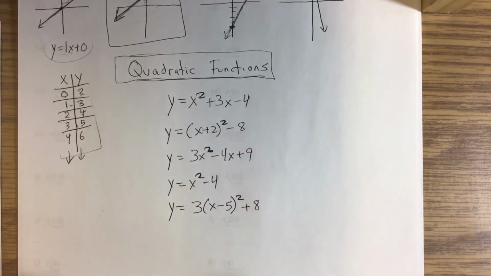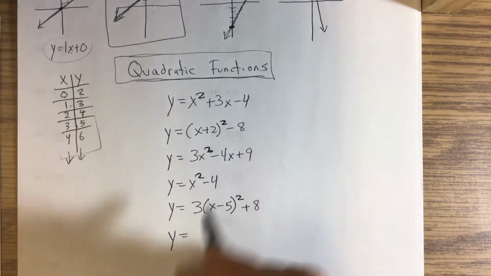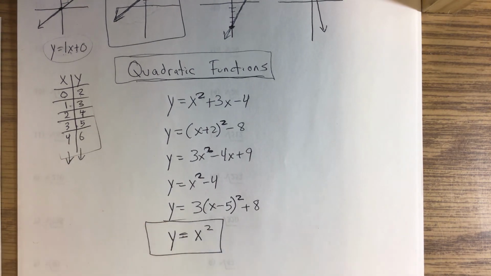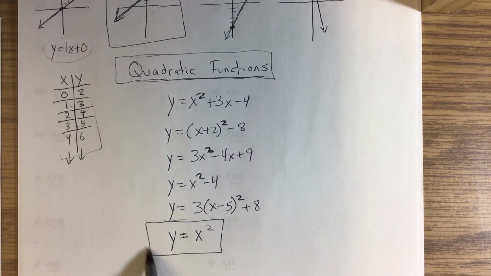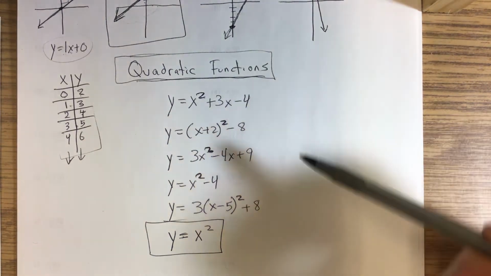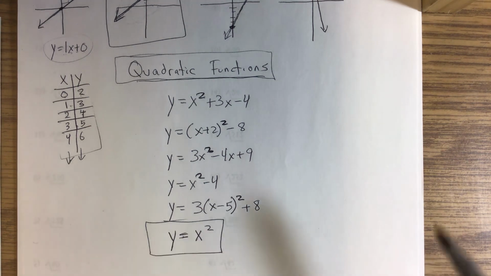So the most basic, simple parent function of all the quadratic functions is y equals x squared. Okay, and this is where our story begins. We're going to start looking at quadratic functions, beginning with the parent function, and eventually we'll have an understanding of what these graphs look like as a transformation of this original parent function.